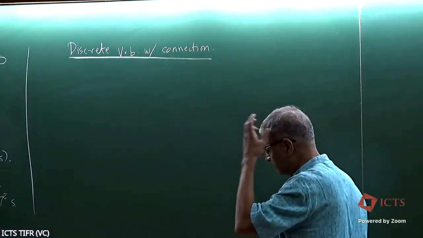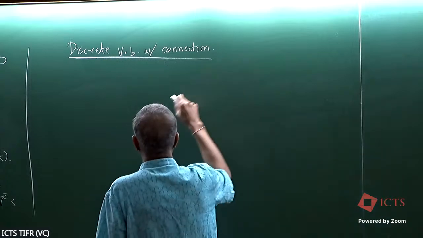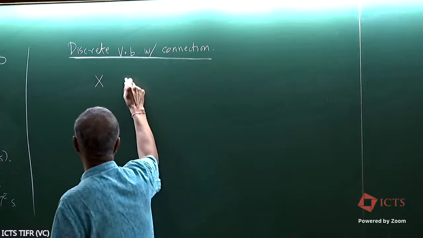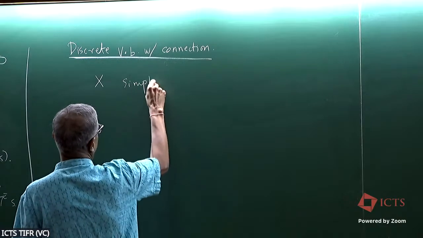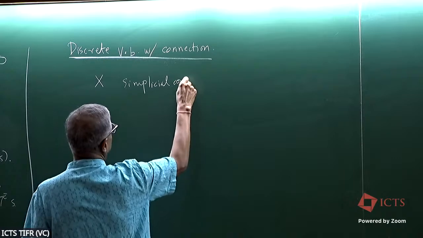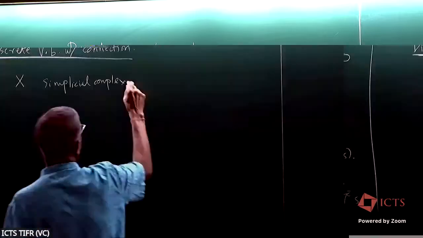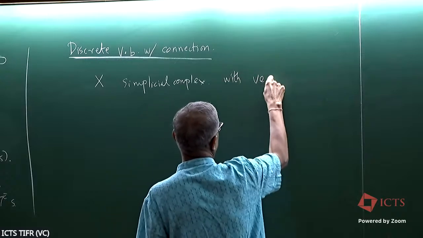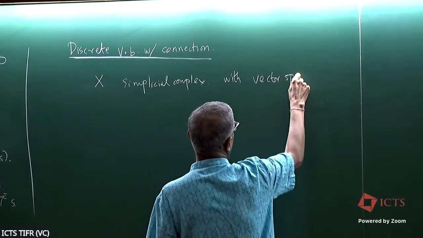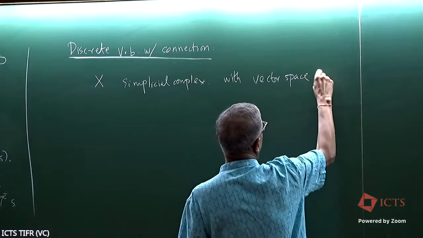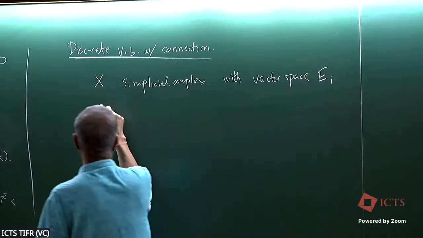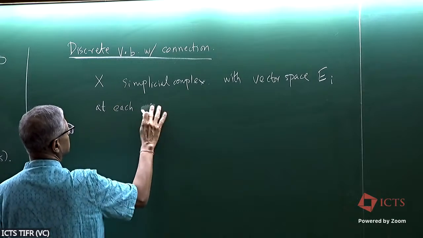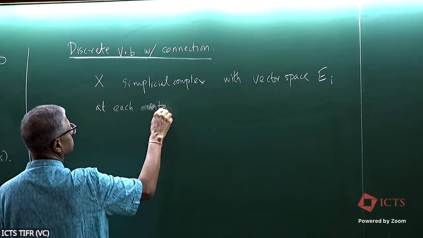For us, a discrete vector bundle with connection is a simplicial complex X with a vector space of a fixed dimension, E_i, at each vertex. And that by itself is a very boring structure.